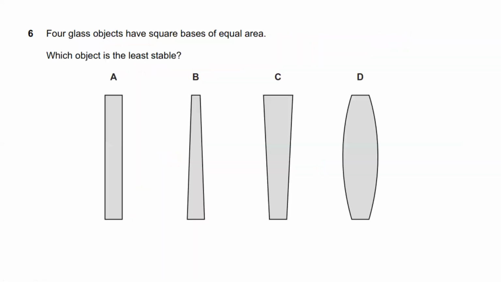Next question. Question 6, it says 4 glass objects have square bases of equal area. So all these bases have equal area. Which object is least stable? So the least stable will have the center of gravity more towards the upper side.